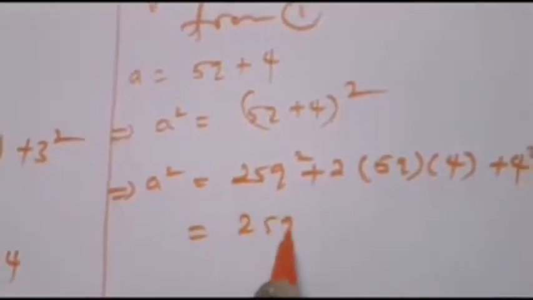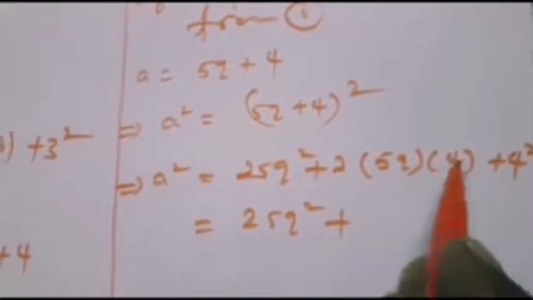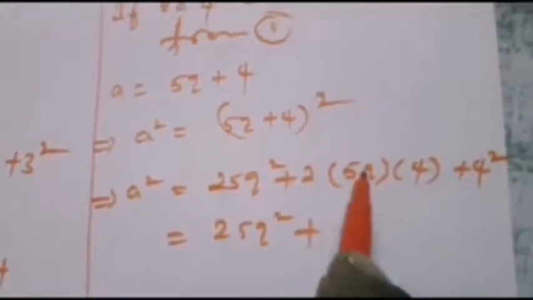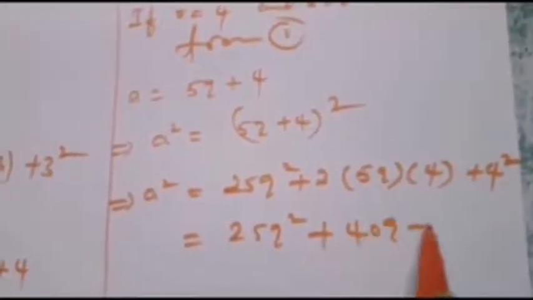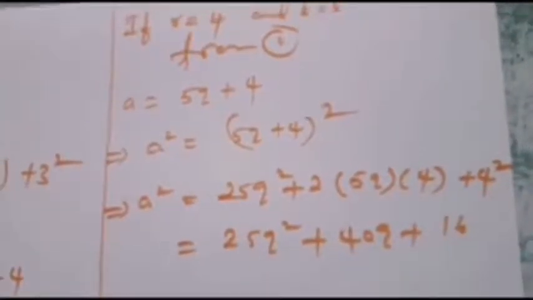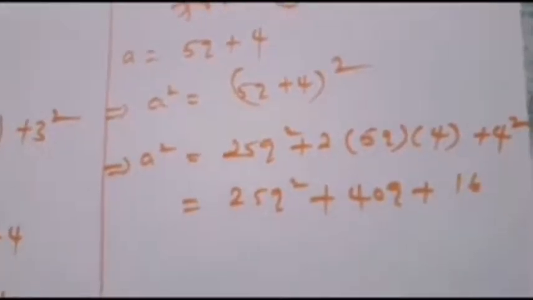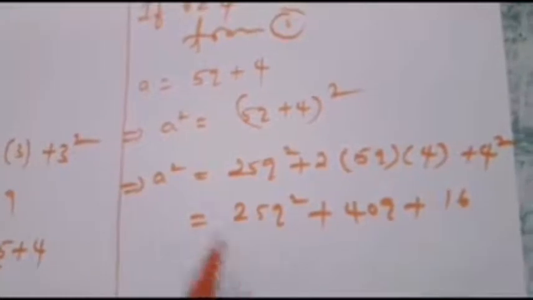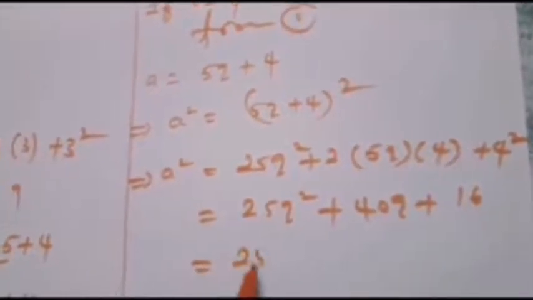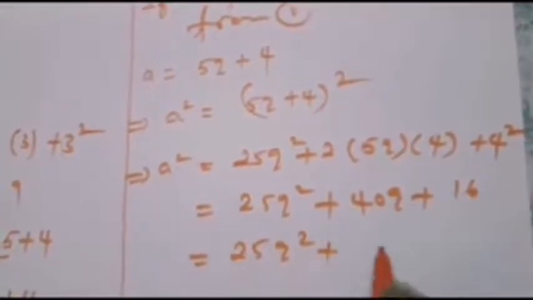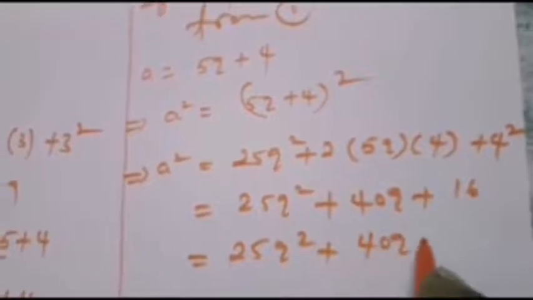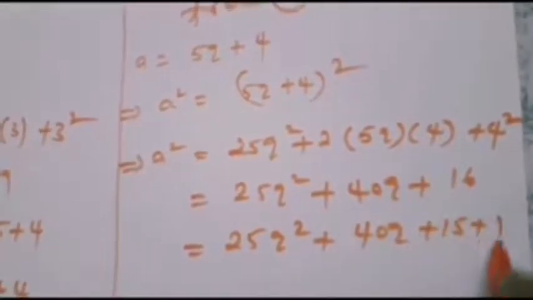It is 25q square plus 40q plus 16. Again you need to write 16 as a sum of two numbers: 25q square plus 40q plus 15 plus 1.